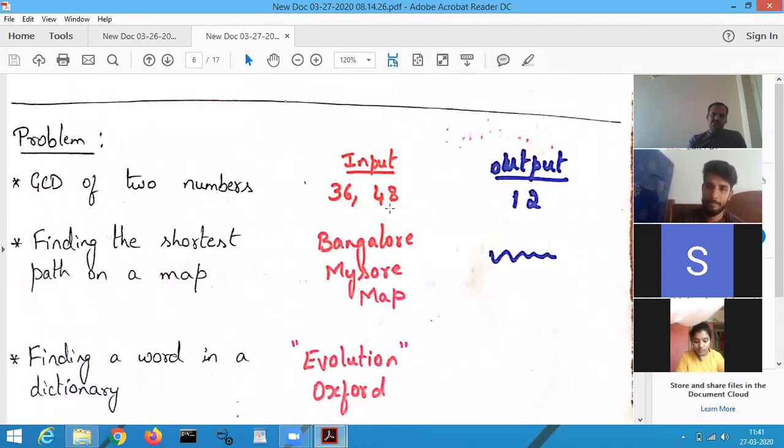The valid input is 36 and 48 and the acceptable output is some positive integer, 12. Similarly, for finding the shortest path, the valid input is the source, the destination, and the map that you are providing. Then the actual output is the shortest path that you come across after looking at the map.